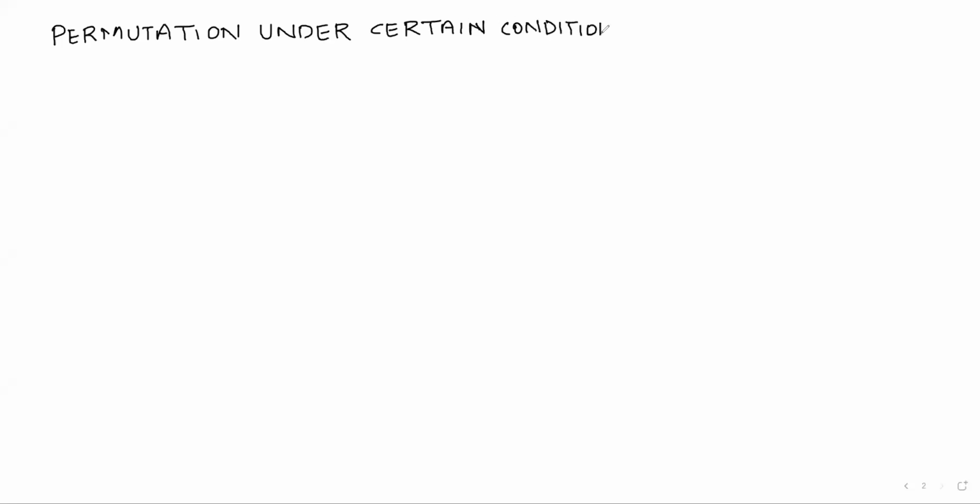So we have done the permutation. Now we have a question, permutation under certain condition. For example, you will take a question.